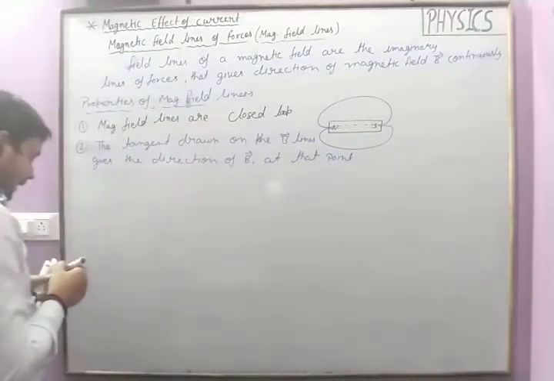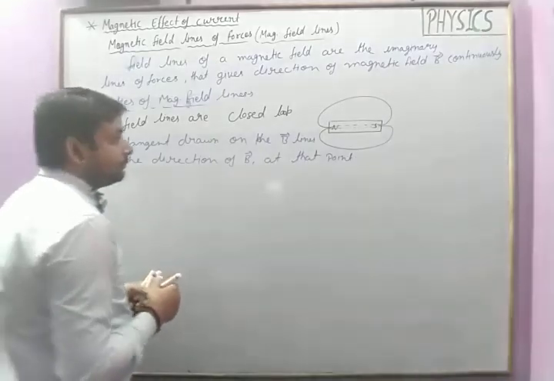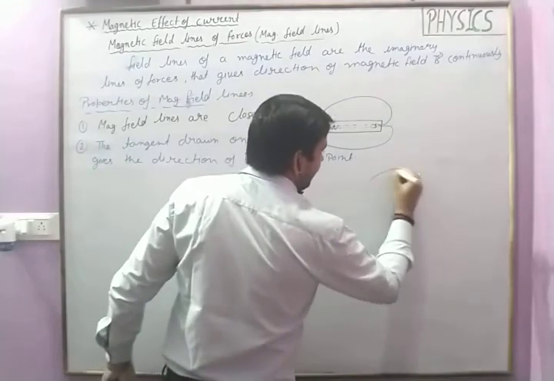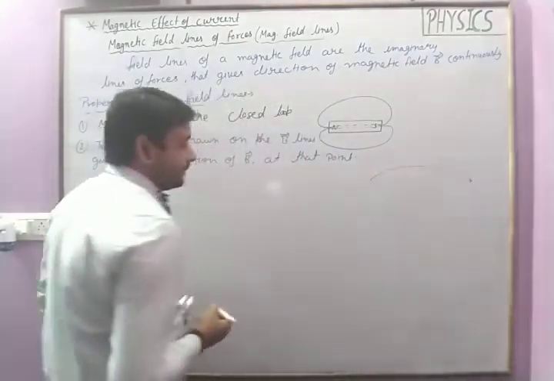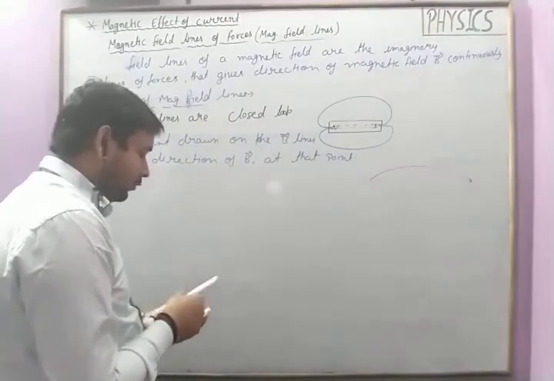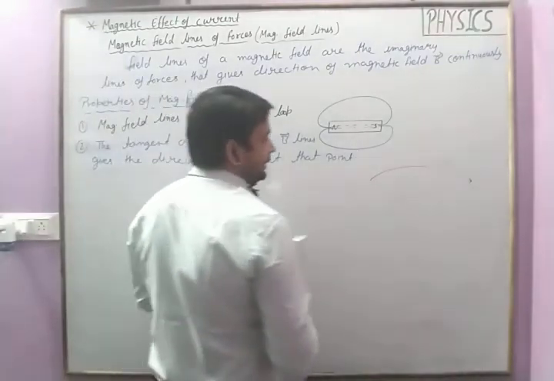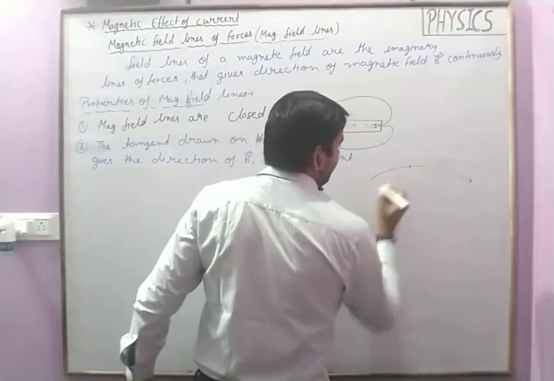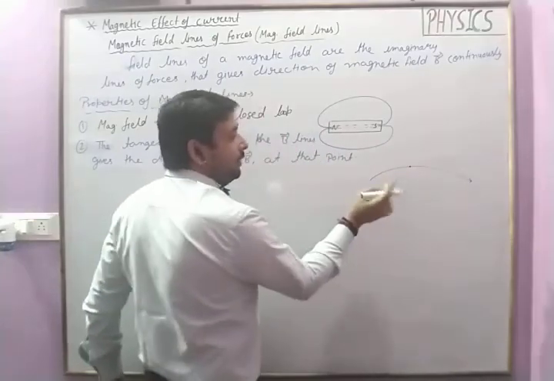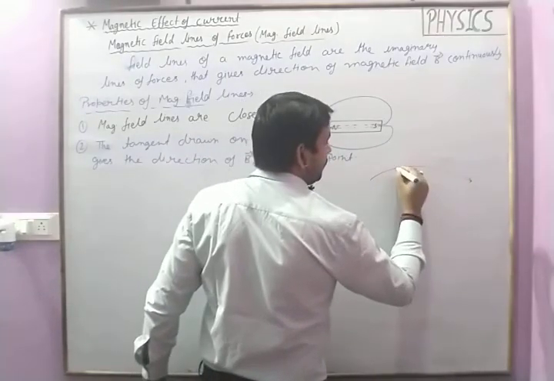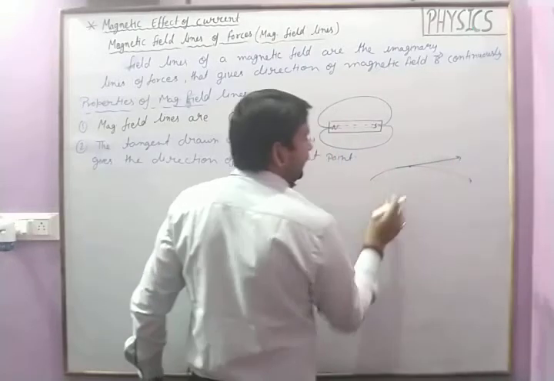Suppose a magnetic field line is moving like this and we want to determine the direction of the magnetic field at point P. So we need to draw a tangent.